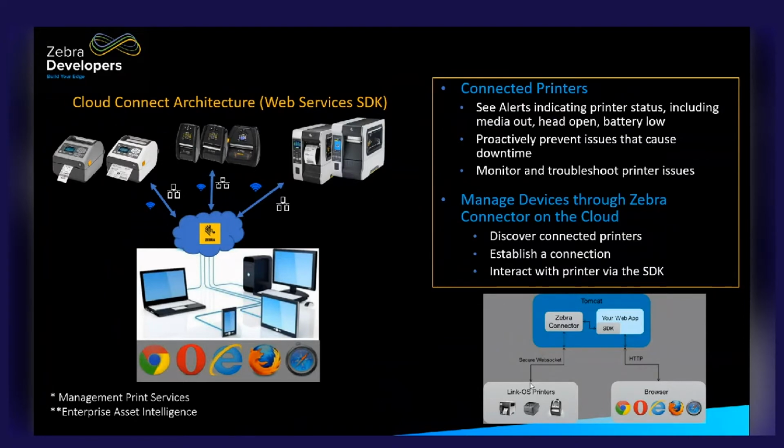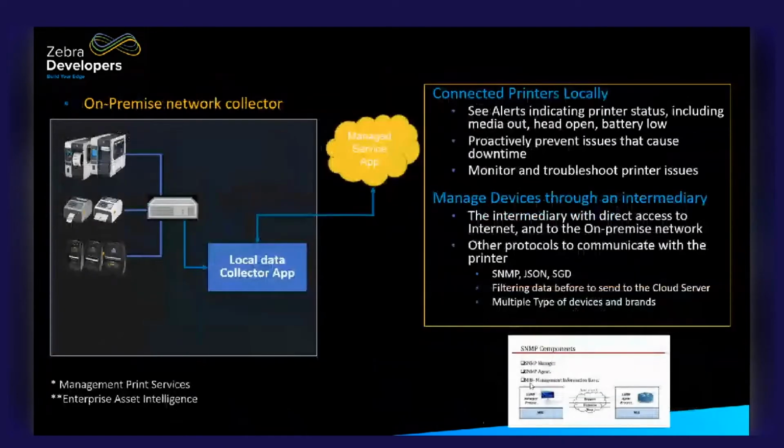Now, there is another way to do that. There are some cases where you don't need to have real-time operations, for example, media replenishment. You don't need to have that data in real time all the time. You can capture that data once a day or twice a day, depending on the printer that you have, the consumption that you have, all of those variables, but you can determine all of those things depending on what kind of operation you are implementing with your printers.